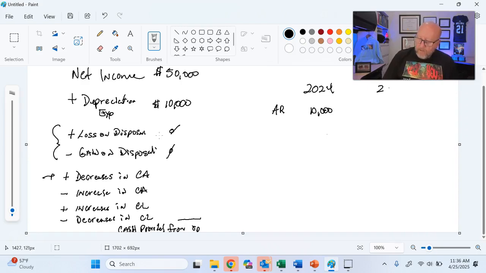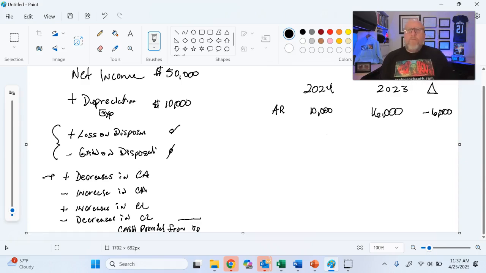And in 2023, I had accounts receivable of 16,000. The change is a decrease of 6,000, right? From 2023 to 2024.